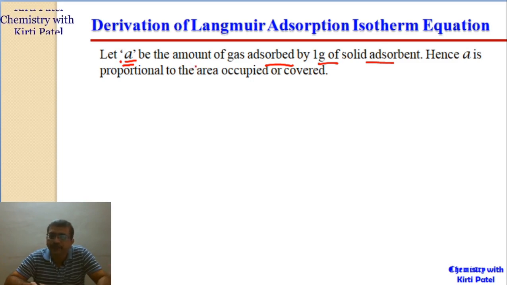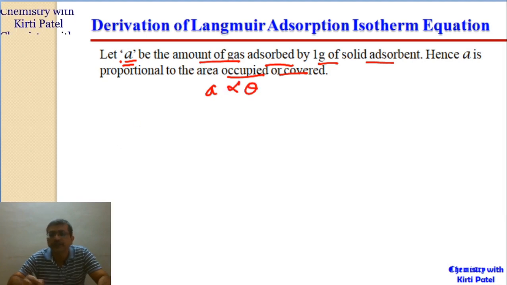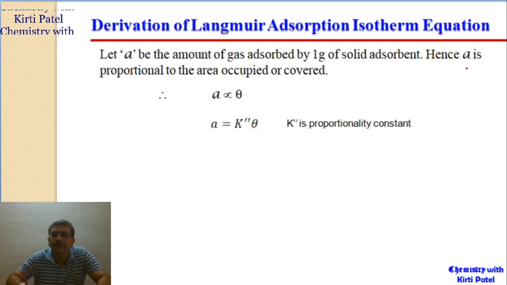So this A will be proportional to the area occupied or area covered, because the more area is covered, the more adsorption there will be, and accordingly the amount of gas getting adsorbed will also be there. So A will be proportional to theta, that is area covered, and we can have A is equal to some proportionality constant K double dash into theta, where K double dash is another, third proportionality constant. So we will have A is equal to K double dash into theta.